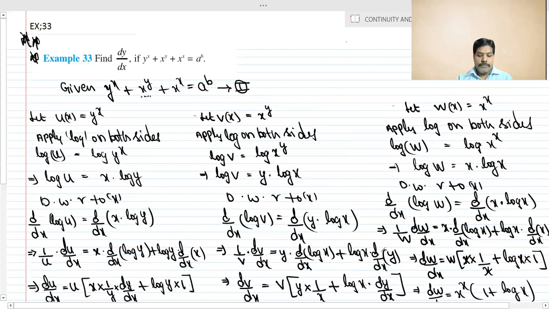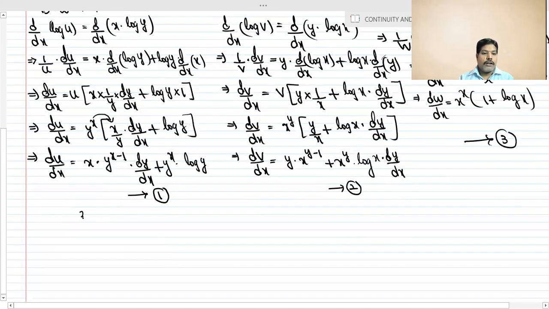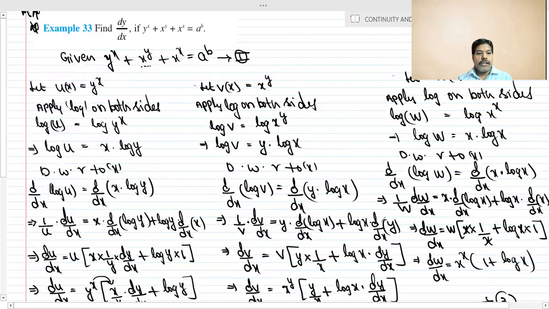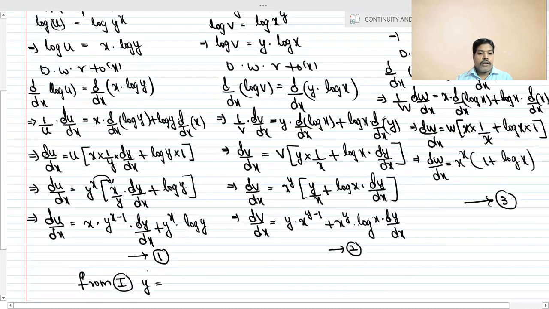So what is the given question? The given question is y power x plus x power y plus x power x is equal to a power b.